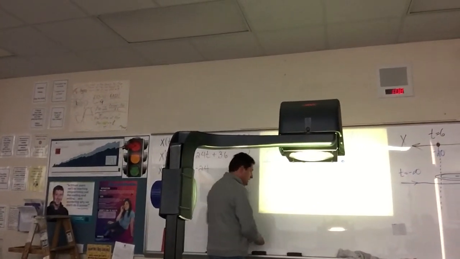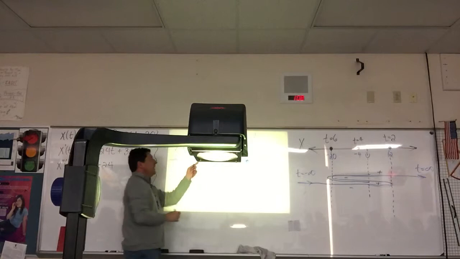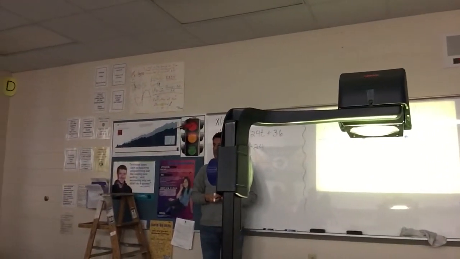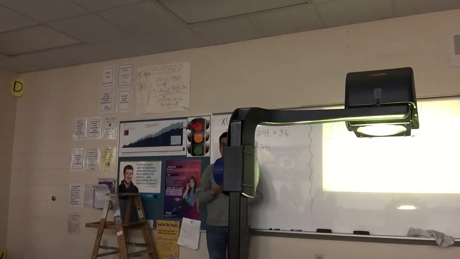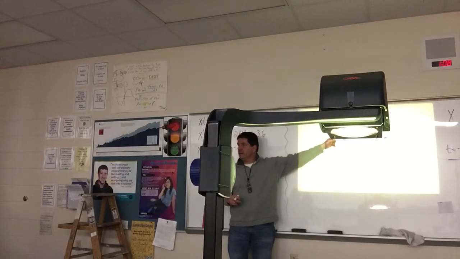So when we analyze this, what does this part right here mean? What does that red section mean on this graph? Positive velocity means that the particle is moving right.